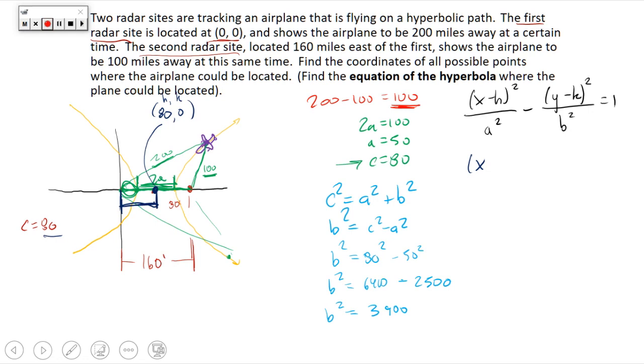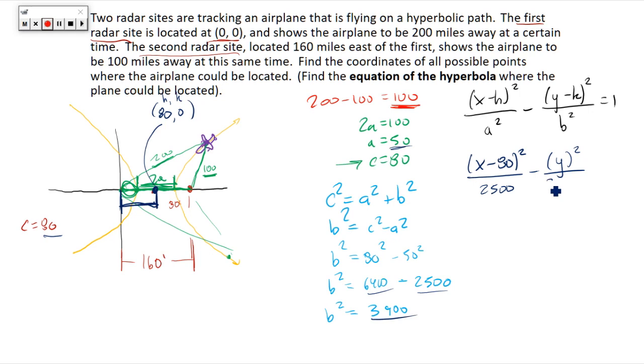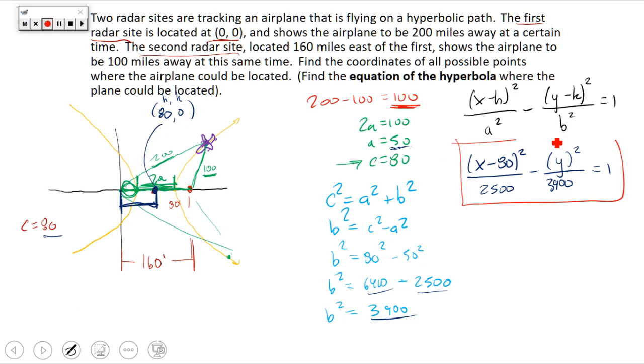So x minus 80, quantity squared, divided by a squared, which we said before was 2500, this 50 squared, minus y minus k, k is 0, so y squared divided by b squared, which was 64. Oh no, it's not. b squared is 3900. We just said 3900 equals 1. That is the equation of this weird hyperbola that defines all the possible locations of this airplane.